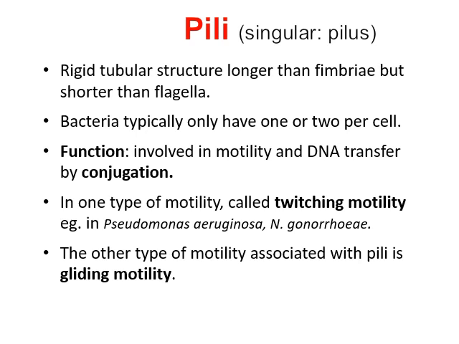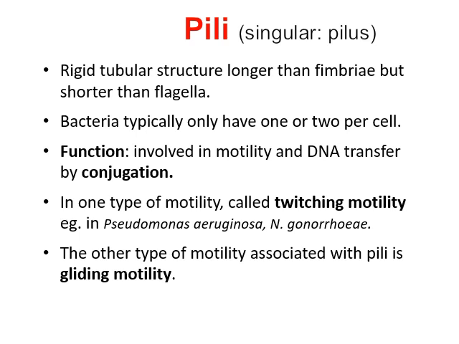Bacteria typically only have one or two per cell. The function is involved in motility and in DNA transfer by conjugation. As you will see in the conjugation process in the genetics part, certain parts of DNA can be transferred from one cell to another through formation of pili between them. These pili are like pipes that attach two cells together, where the DNA can be transferred from one cell to another.